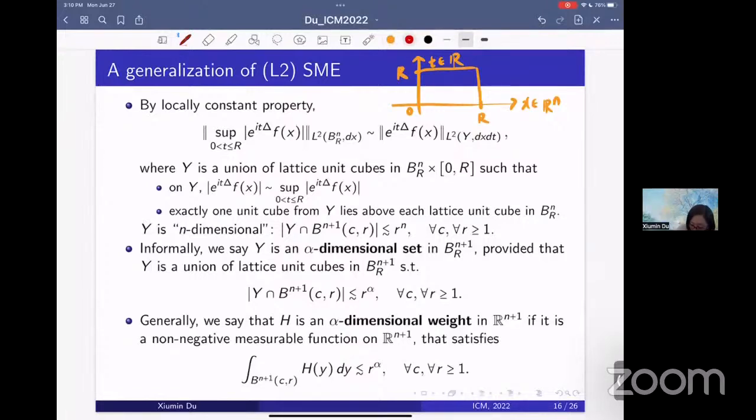So for any lattice unit cube in the x variable, we can find a unit cube in space-time lying above it, such that inside this unit cube, the absolute value of the Schrödinger solution reaches its supremum value over the time interval. And we can do so for every lattice unit cube.